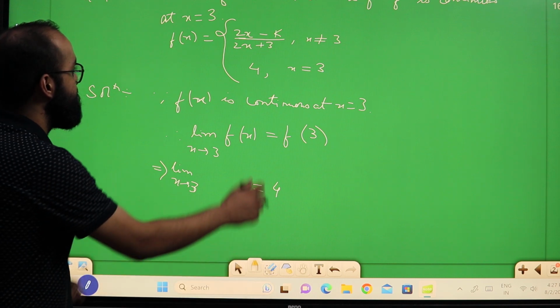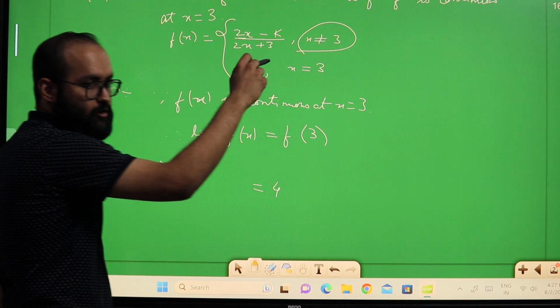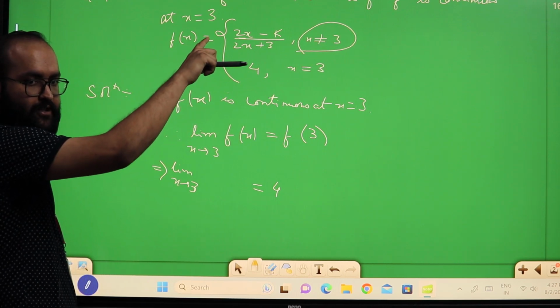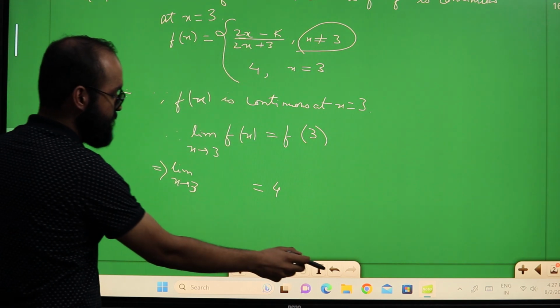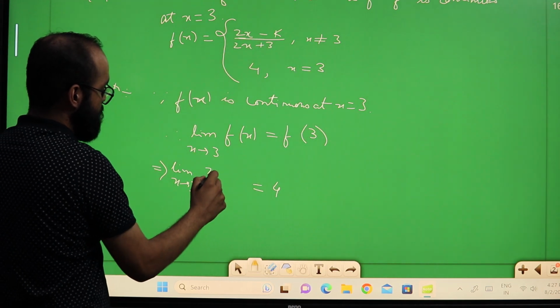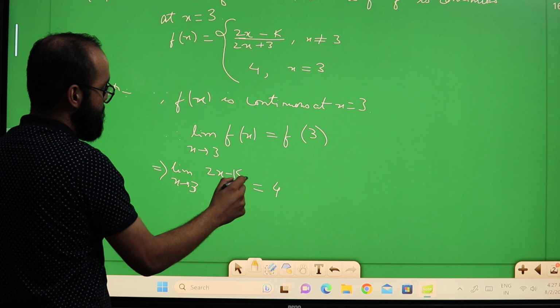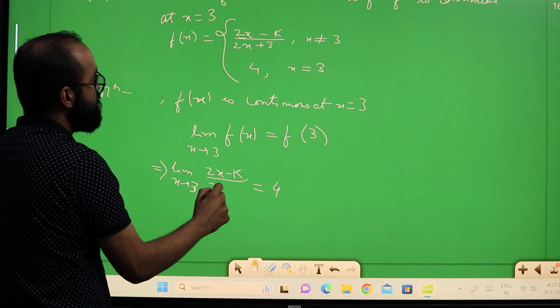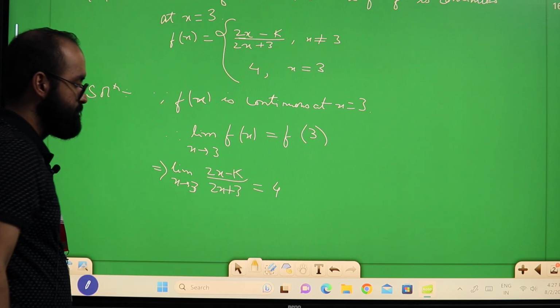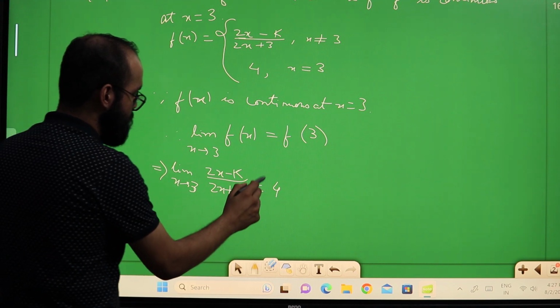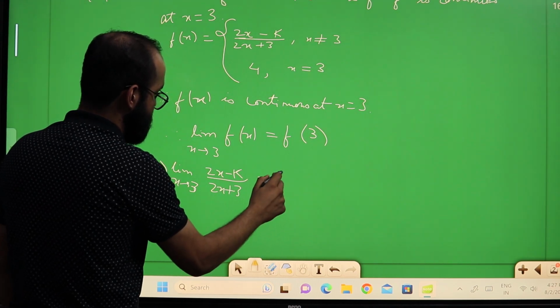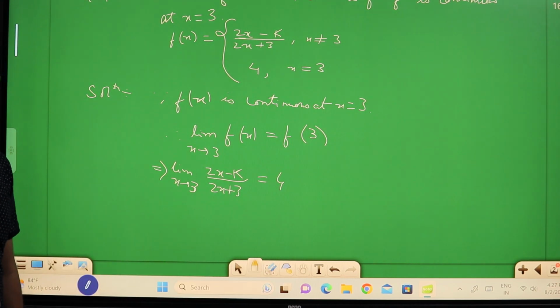That means you have to use the definition when x is not equal to 3. And what is the definition of f(x)? (2x minus k) by (2x plus 3). That should be equal to 4, isn't it?